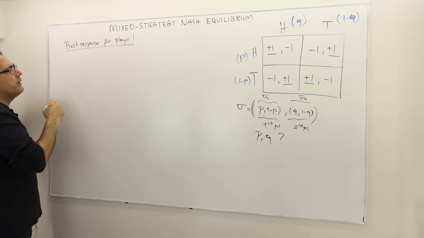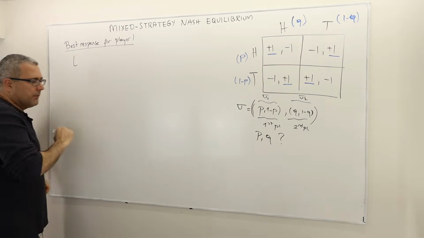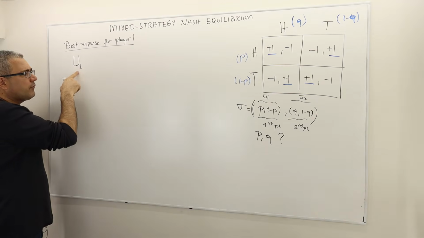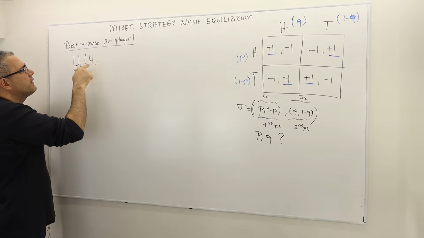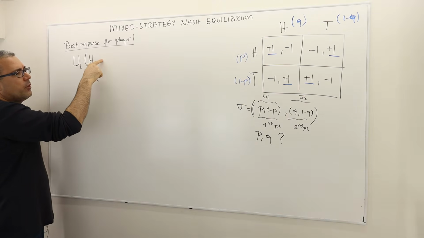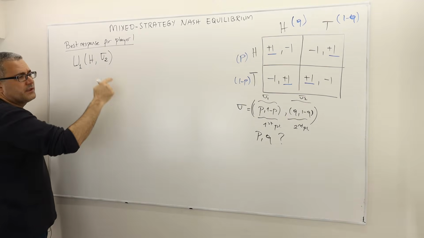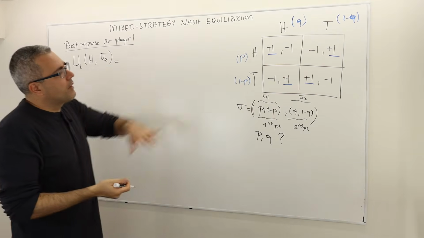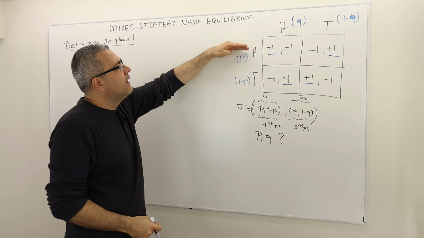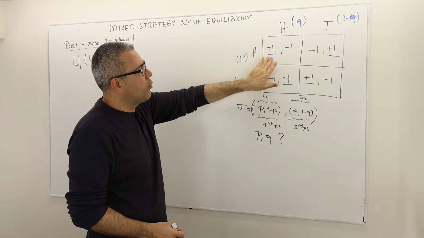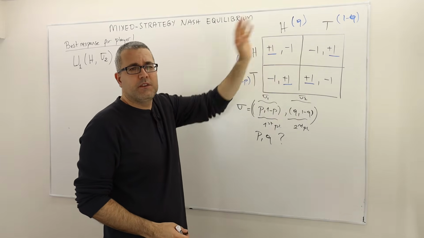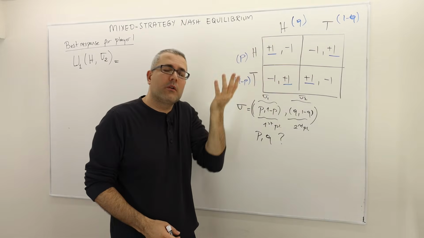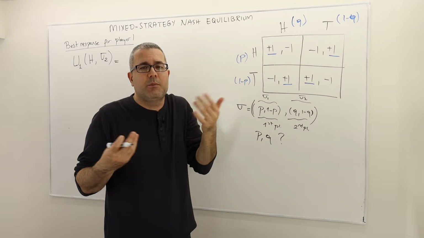How do we do that? First, I'm going to calculate the expected payoff of player 1 when he plays H and his opponent plays sigma 2, which is Q, 1 minus Q. When player 1 plays head, he's going to get +1 with probability Q, because his opponent is playing a mixed strategy. Or let's assume it's not a strategy but a belief.